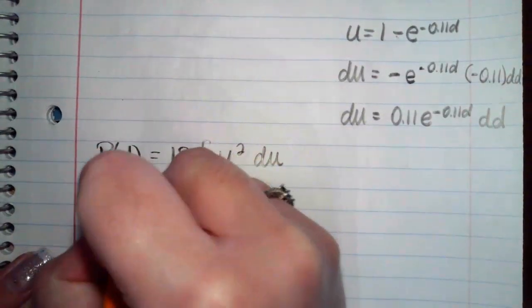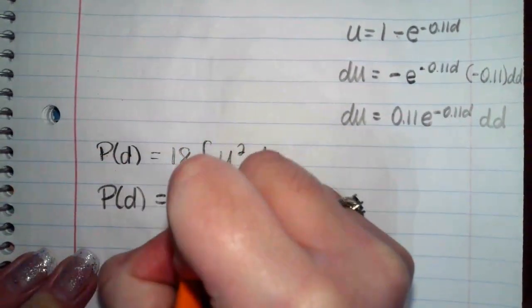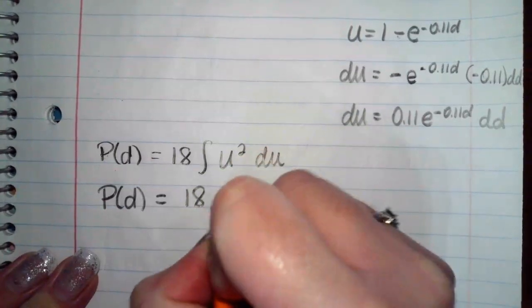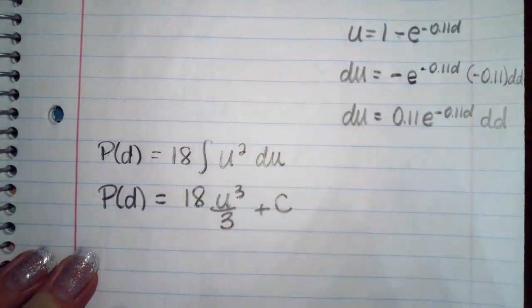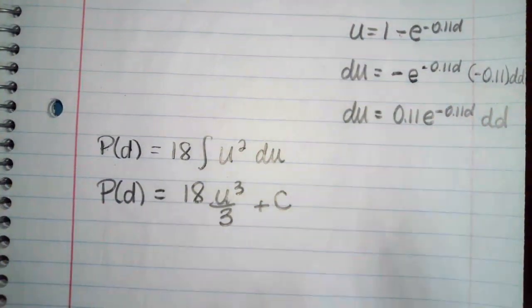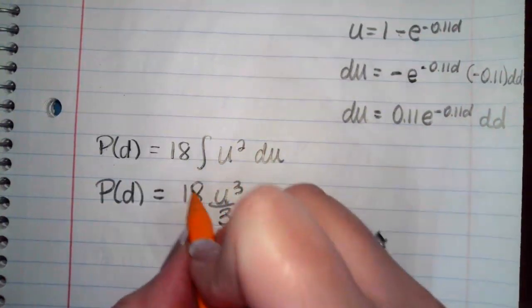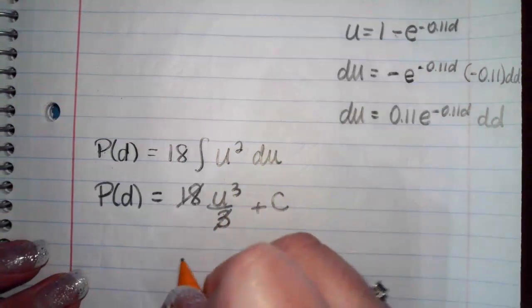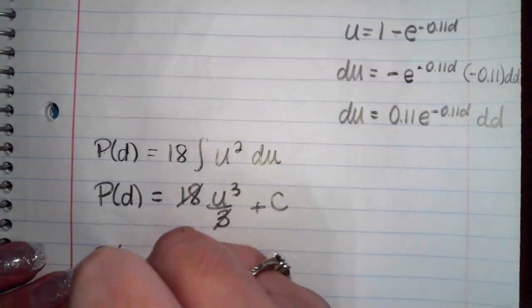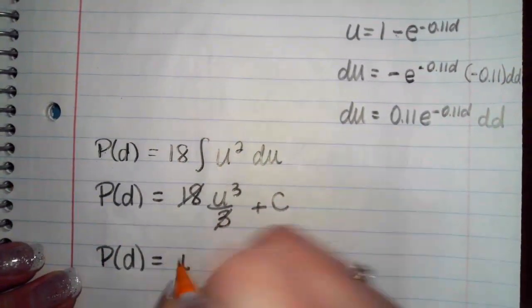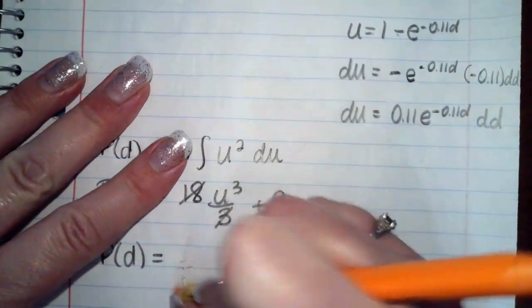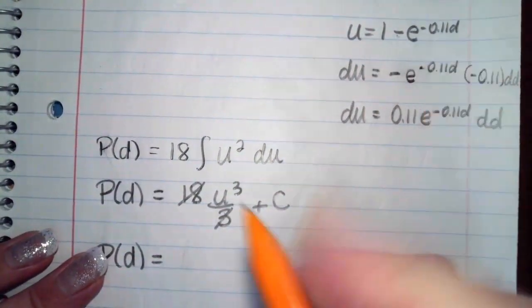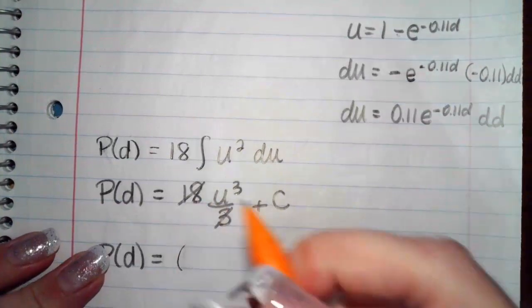So I have P of d is 18 u to the third over 3 plus c. But I started in x world, so I need to end in x world. So 18 and 3 reduce to 6. So I have P of d equals u. And instead of u, I'm going to put 1 minus, I forgot my 6.